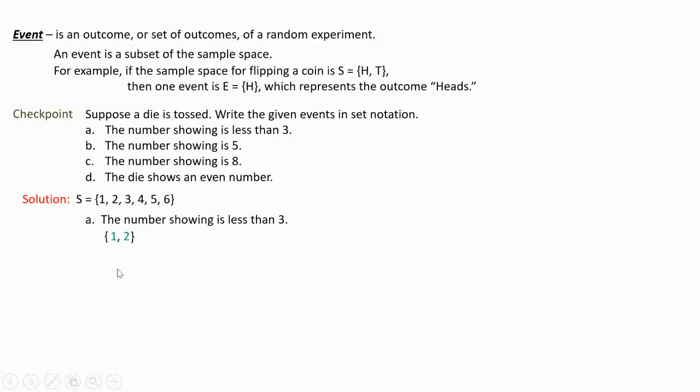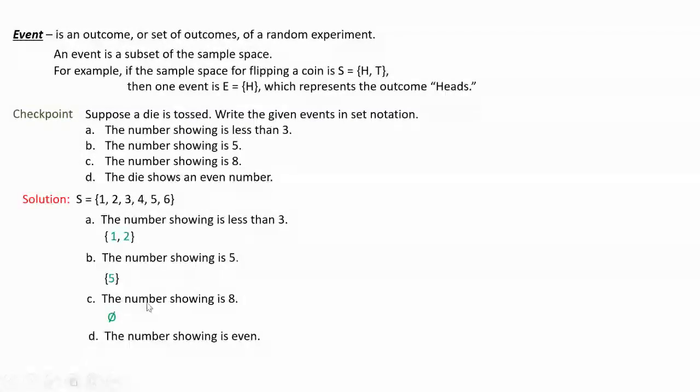For part B, the number showing is 5, so it will just be the set containing the element 5. C, the number showing is 8. It's going to be the empty set because there's no 8 in the sample space. D, the number showing is an even number, so it's going to be the set containing 2, 4, and 6.